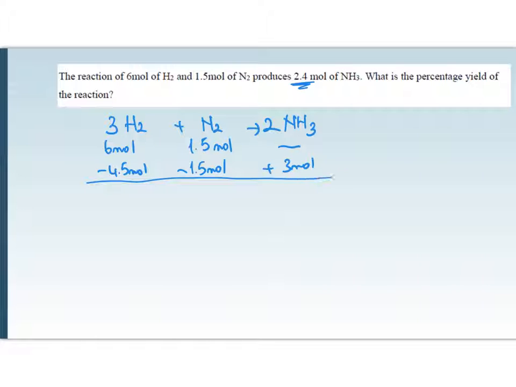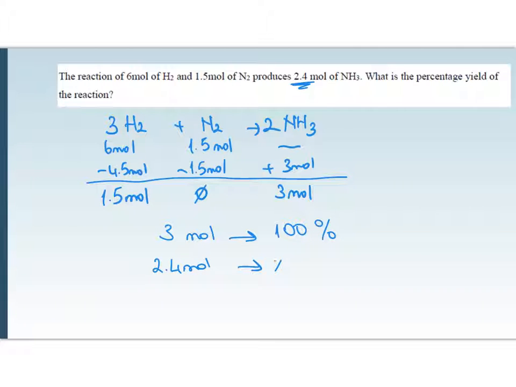When you're done with the reaction, this would be your limiting reagent, and you have 1.5 mole of hydrogen excess, and you would end up with 3 moles of ammonia. Now just be careful. You're going to have 3 moles of ammonia if you just make this reaction with 100% yield. If you have 2.4 mole of ammonia, what about the new percentage yield? This is going to be 80%.